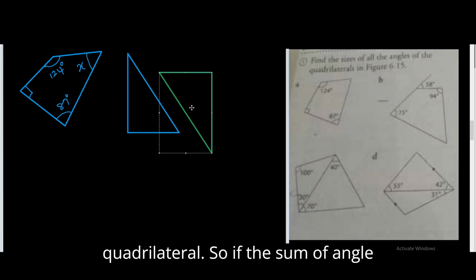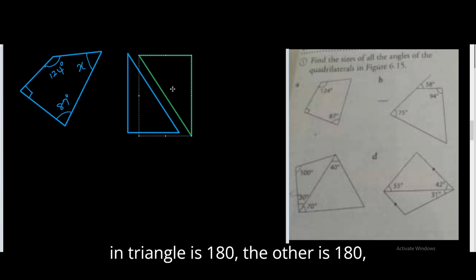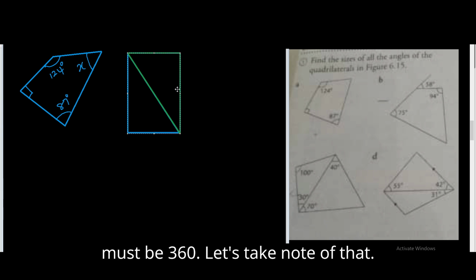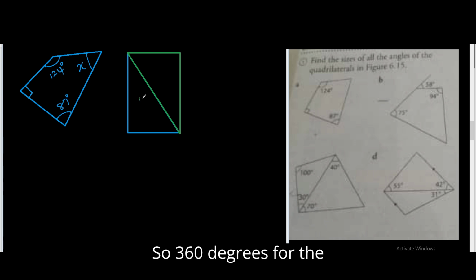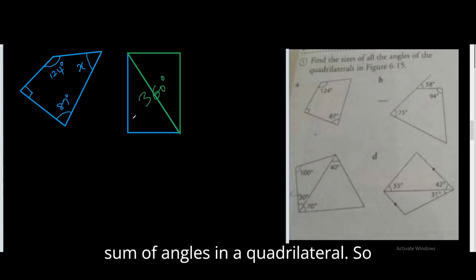So if the sum of angles in a triangle is 180, and the other is 180, then the sum of angles in a quadrilateral must be 360. Let's take note of that: 360 degrees for the sum of angles in a quadrilateral.